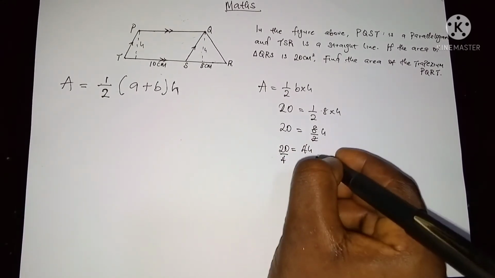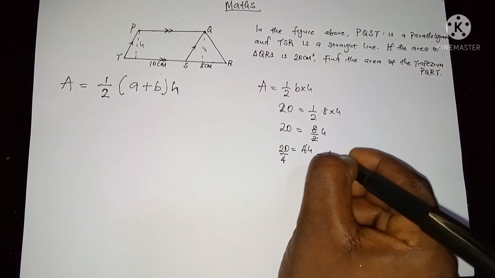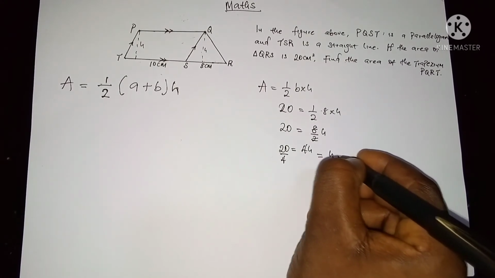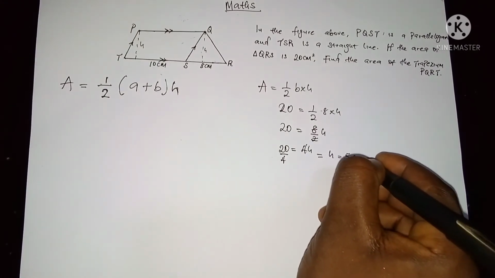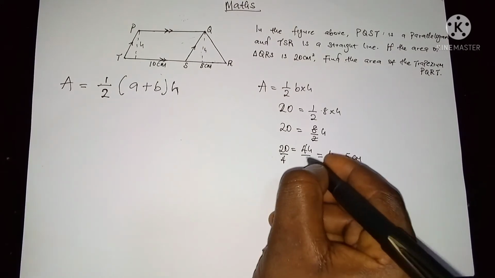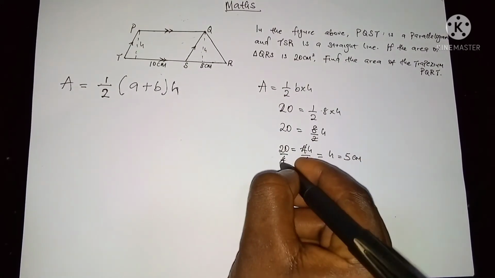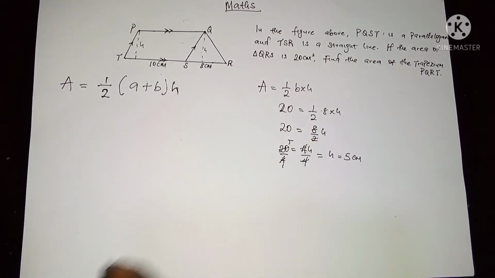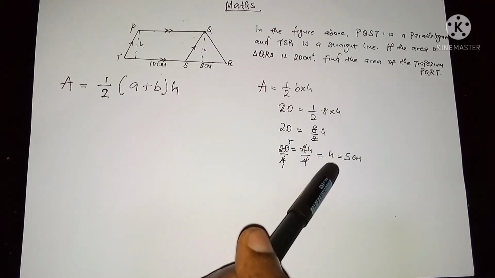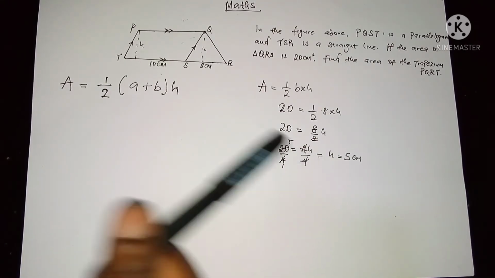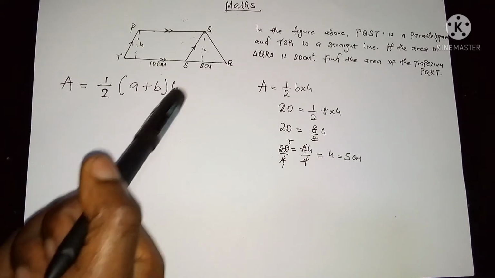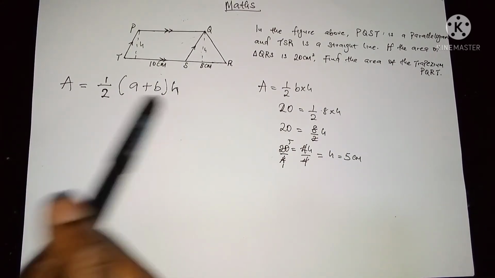Divide both sides by 4, and the height is 5 centimeters. So we have gotten our height for this trapezium.